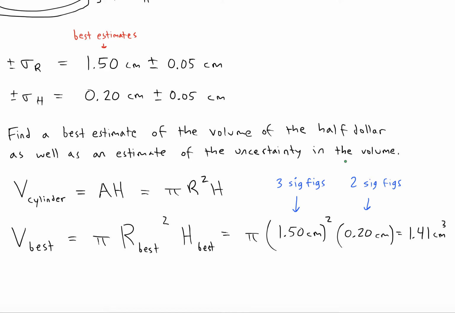So this one has the least number of sig figs. That 2 sig figs will limit our final answer to 2 sig figs. So I actually want to make it just 1.4 and leave it like that. Okay, so give 2 sig figs in the final answer.